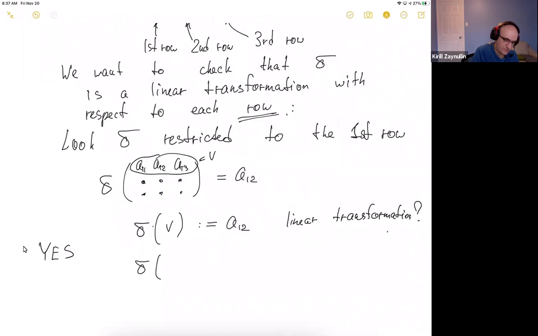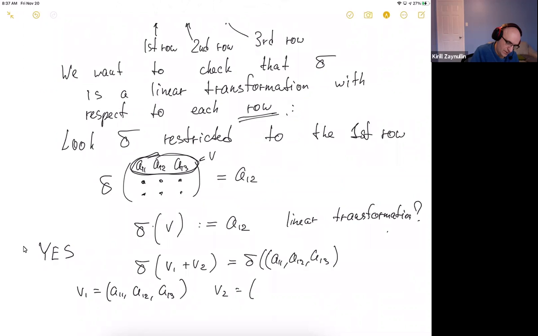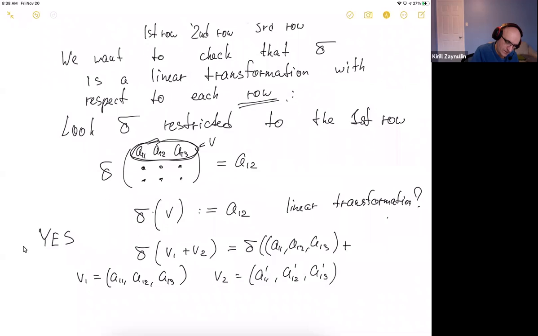Because if I apply my restricted delta to the sum of two vectors, say V1 is A11, A12, A13 and V2 is A11 prime, A12 prime, A13 prime, then substituting and expanding I get A12 plus A12 prime.